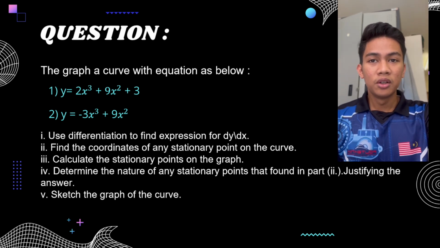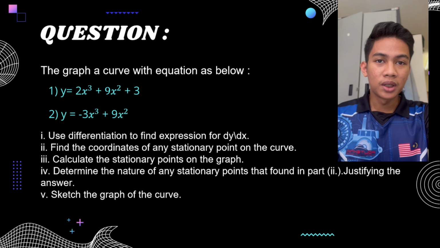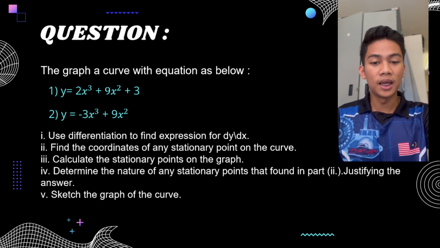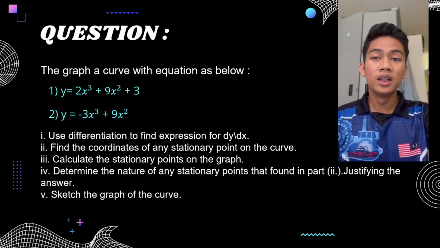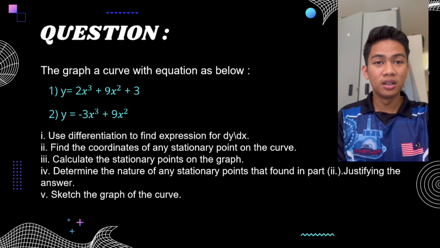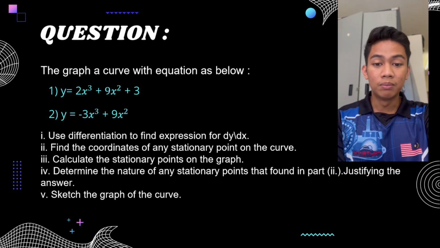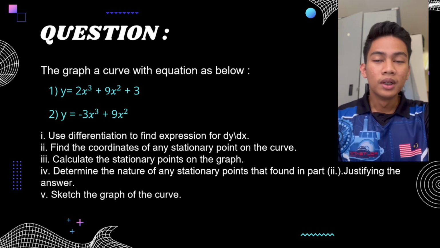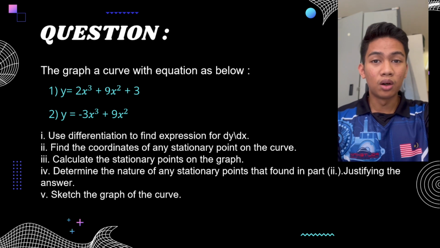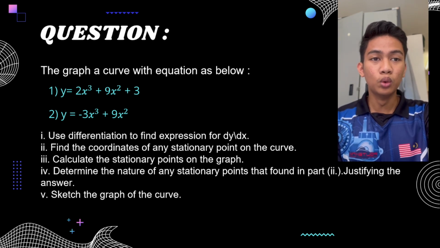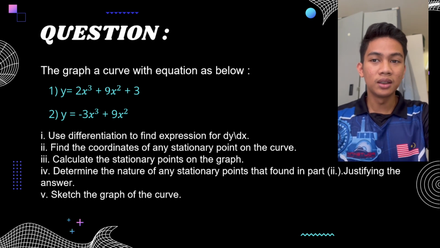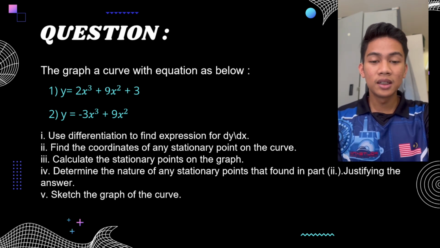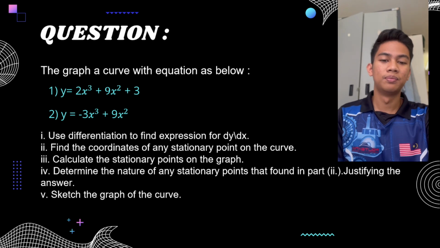First, use differentiation to find the expression for dy/dx. Second, find the coordinates of any stationary points on the curve. Third, calculate the stationary points on the graph. Fourth, determine the nature of any stationary points found in part 2, justifying the answer. Fifth, sketch the graph of the curve.